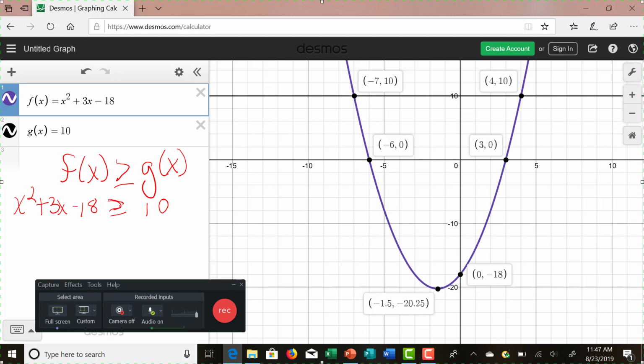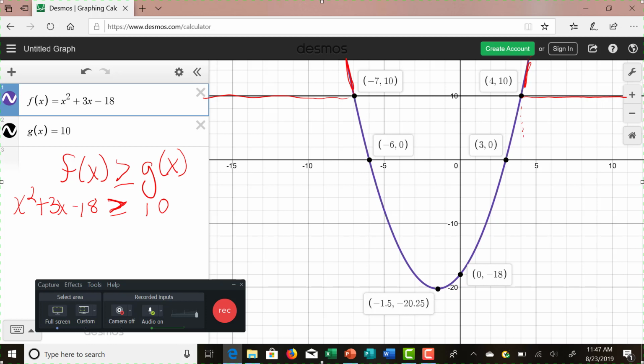If we want to know when it's greater than, rather than wanting it to be below our horizontal line of 10, we want it to be above. Notice that it's above the horizontal line in this area here, and it's above the horizontal line in this area here. Now, we're actually solving for x.